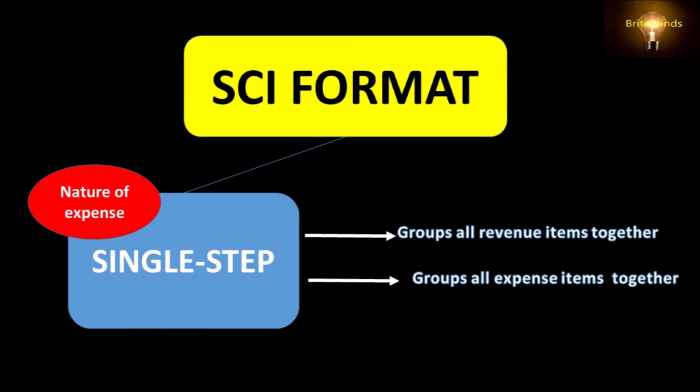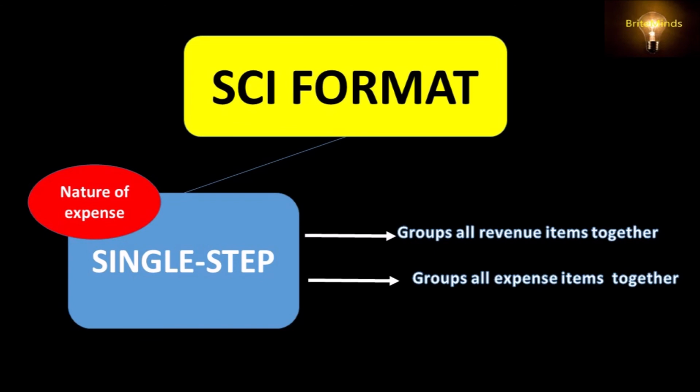And also, subtotals are not computed and presented on the single step SCI. Okay, so the single step SCI is generally used by small businesses or single proprietorships because of its simplicity. It is very simple to use.